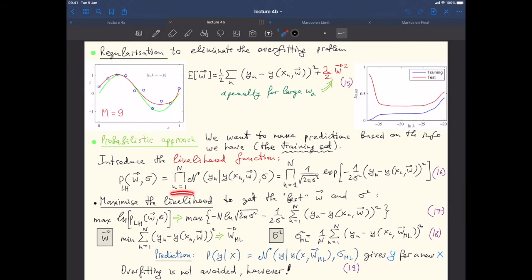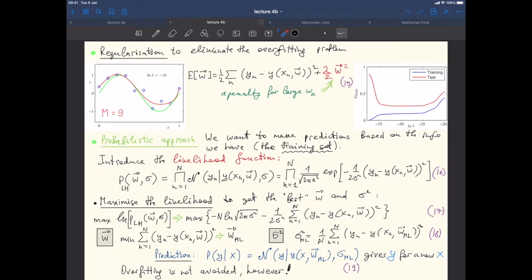So we have a product here over all training points. The capital N is the total number of training points we have. In our example, it is 10. And this Gaussian depends on sigma, the dispersion in the Gaussian function, which happens to be in the normalization and in the exponent. And it contains explicitly our function we would like to optimize, which contains these parameters omega.